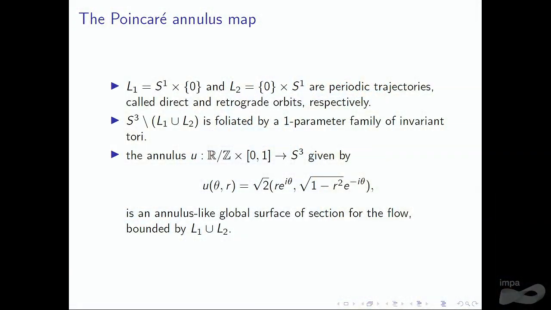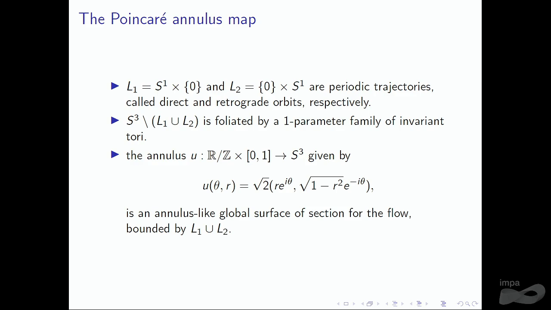So whenever the trajectory touches the annulus, it will flow transversely to the annulus. And again, because of this expression, if you take any solution in one of those invariant tori, it must necessarily hit a point in this annulus. So it's really a global surface of section given explicitly.